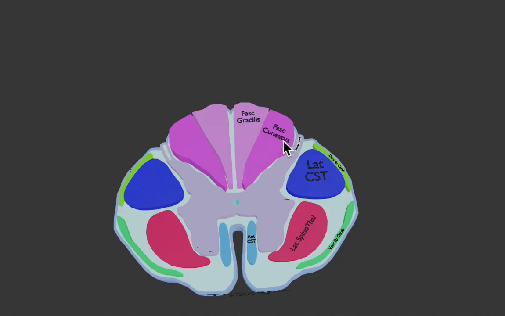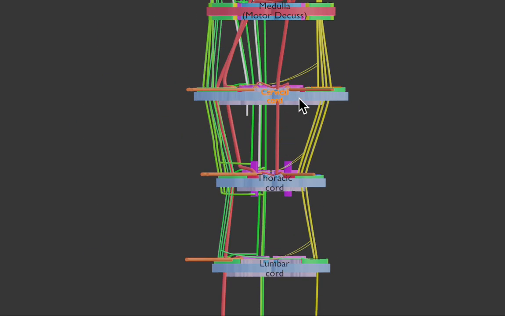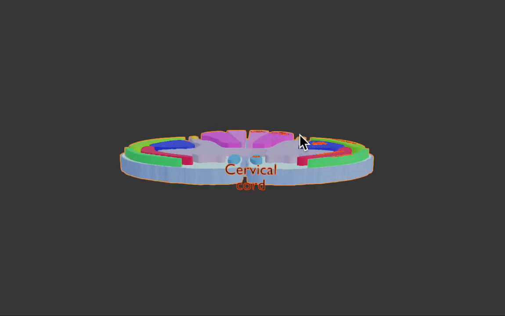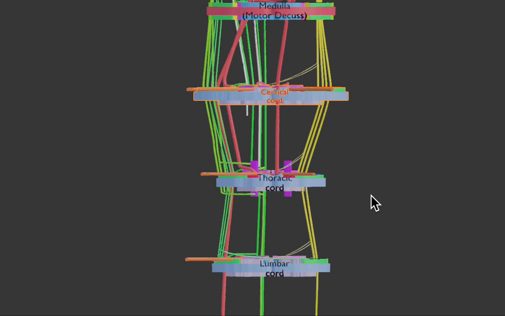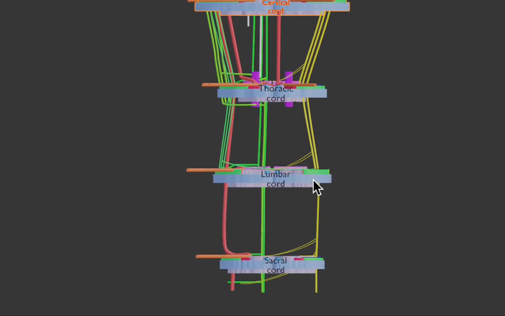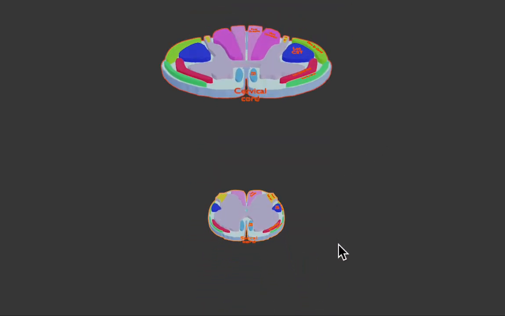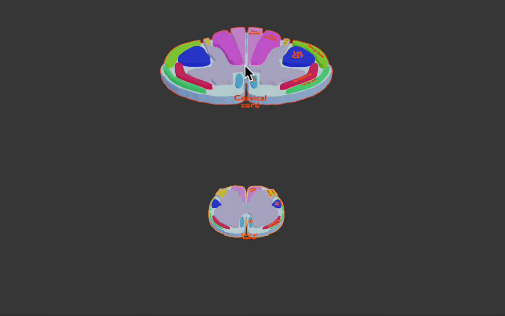You will see a similar appearance in the cervical spinal cord also. When I compare this cervical level to the sacral level, for example, you can notice that in the cervical level, the gray matter is smaller or narrower with lots of white matter tracts.